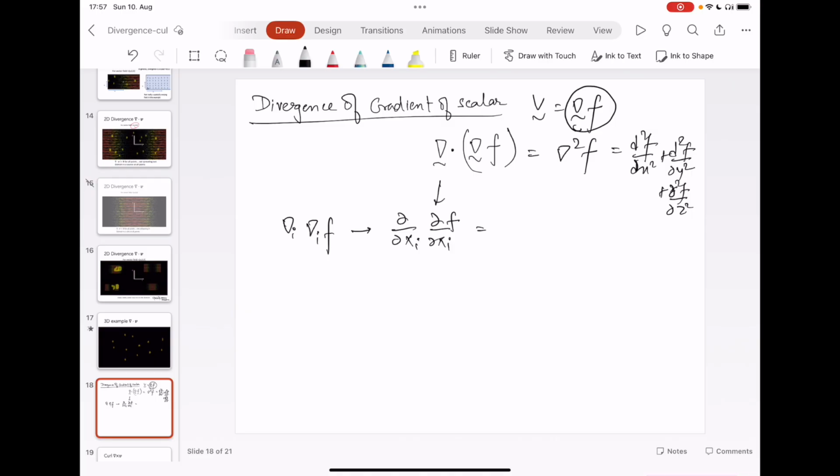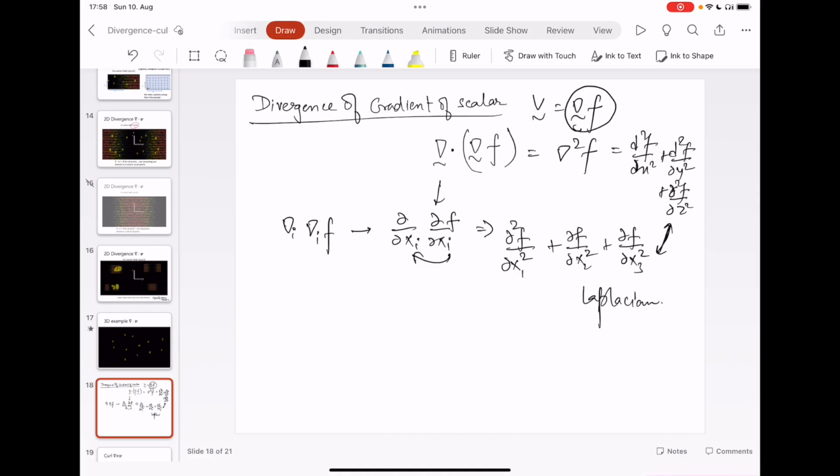Now, with the Einstein notation summation rule, if the indices are repeated, you can sum them, meaning dou square f by dou x1 square plus dou square f by dou x2 square plus dou square f by dou x3 square. For Cartesian, these two are identical. So you get a Laplacian.